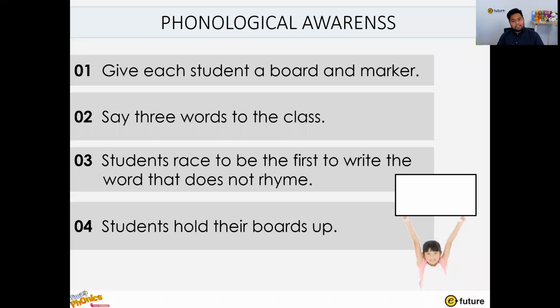The students need to race to write down the word that does not rhyme, and then they put their boards up. If the students get it correct, you can do a point system, or the group that does it first gets a point. Yeah, kind of the odd word out.